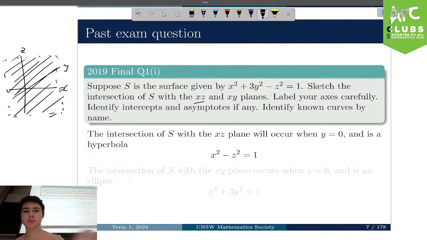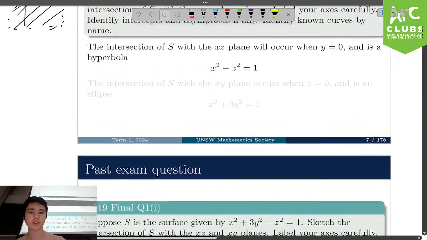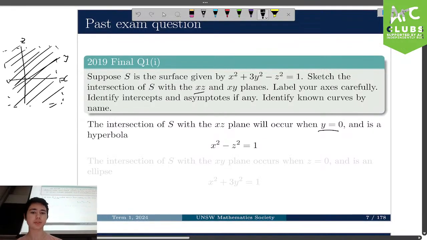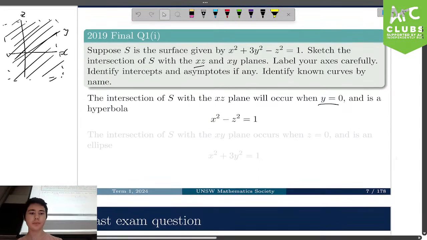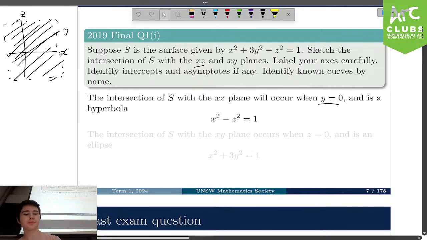I made a little mess, but I hope we get the point. Okay, and so by letting y equal to 0, we have x squared minus z squared is equal to 1. This describes a curve, okay? We call that a hyperbola.